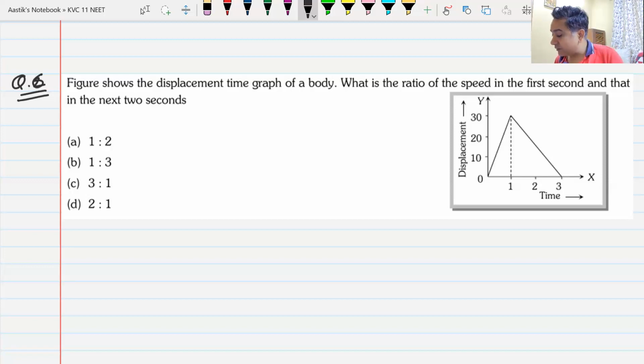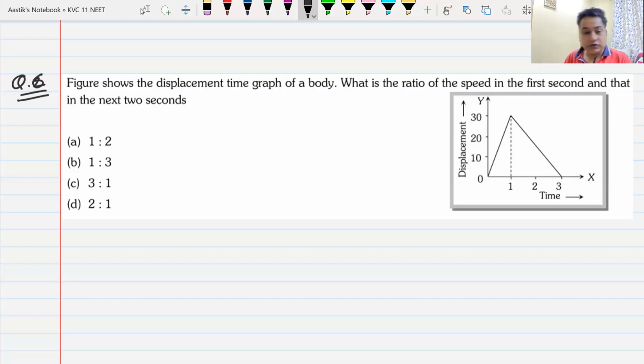Slope of graph number 1 is 30 divided by 1. So that is 30. Then I have to find slope of graph number 2. That is 30 divided by 2, and that is 15.